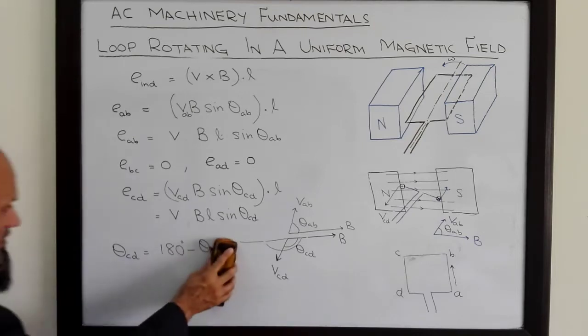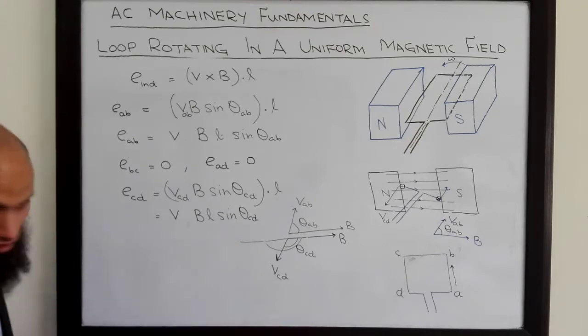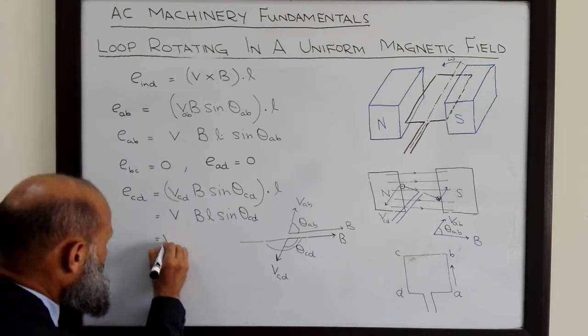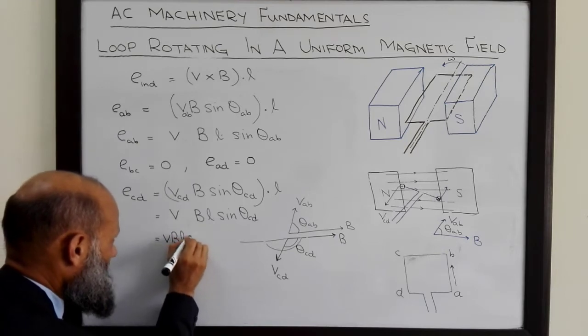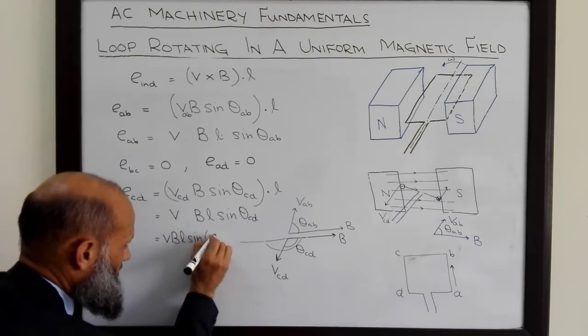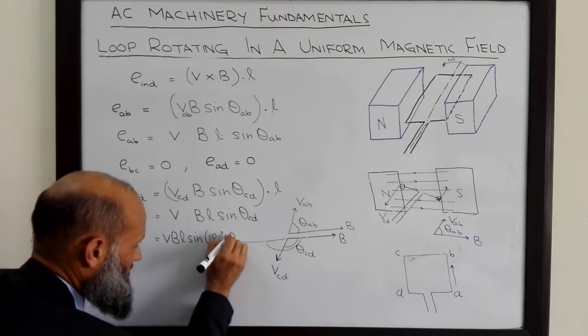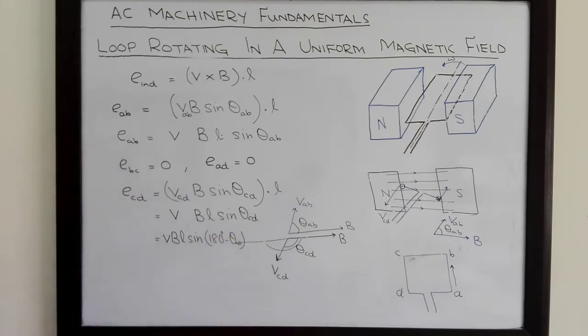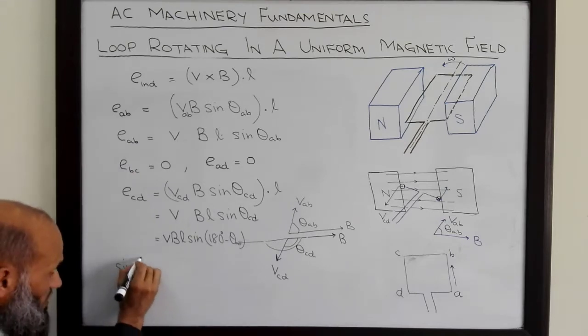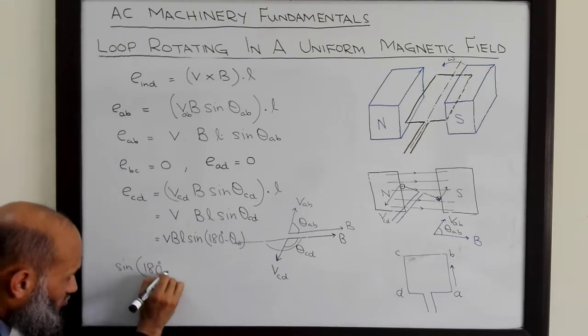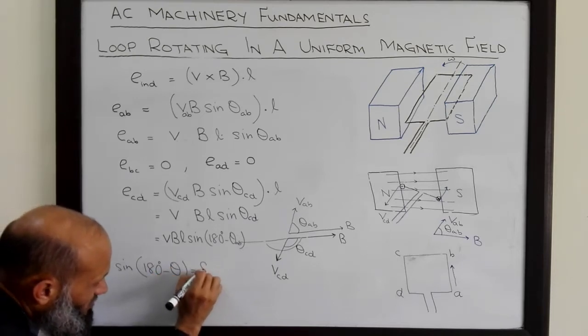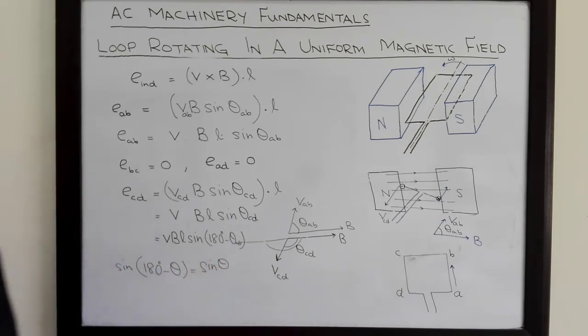Therefore, this expression is equal to VBL sine of (180 degrees minus theta AB). What we further notice is that sine of (180 degrees minus theta) is simply equal to sine of theta. You can verify it using the trigonometric relations that you already know.